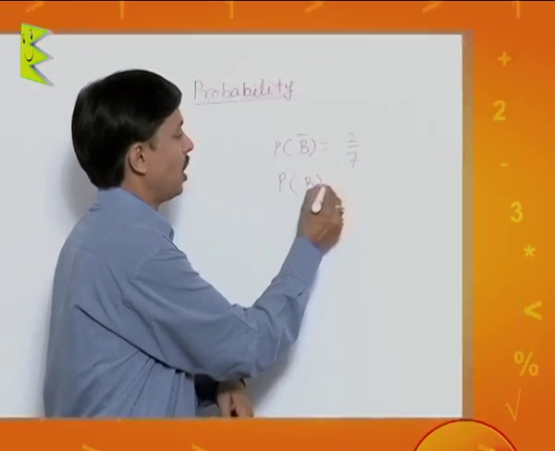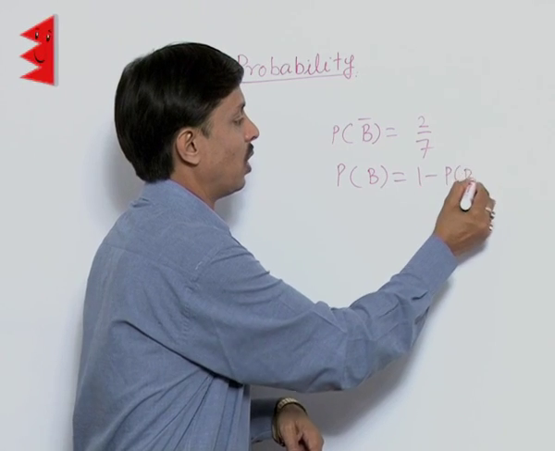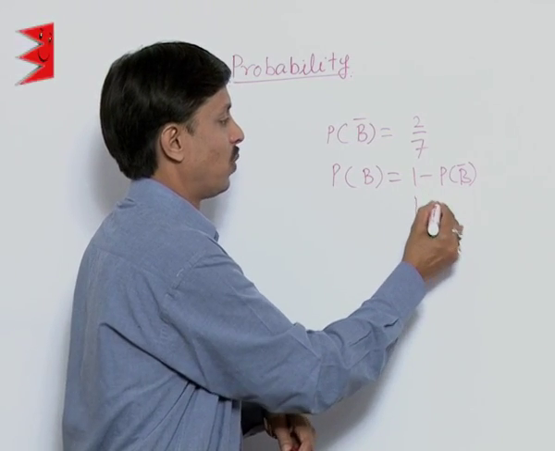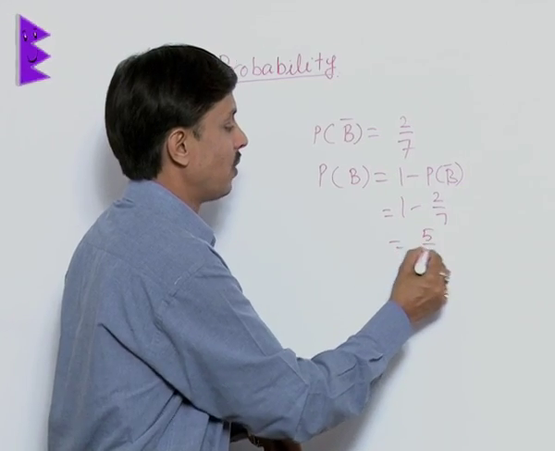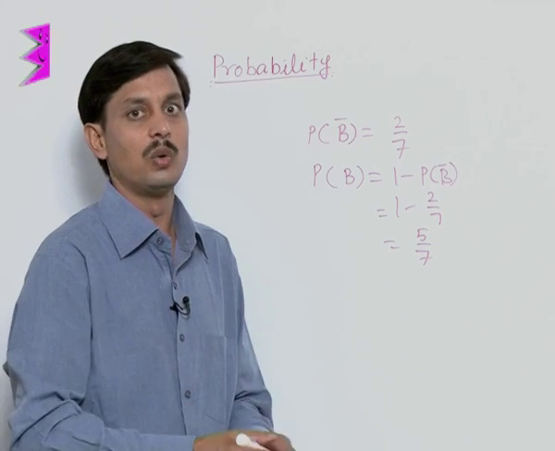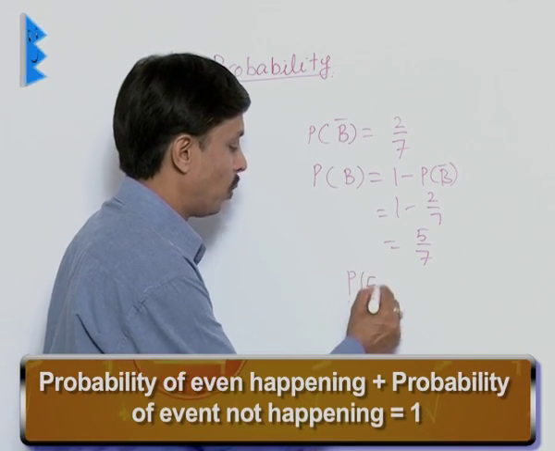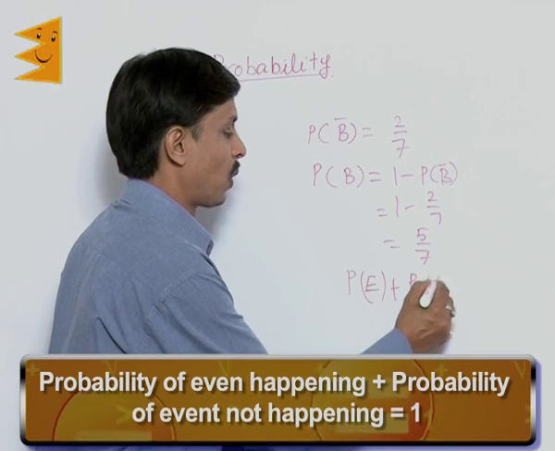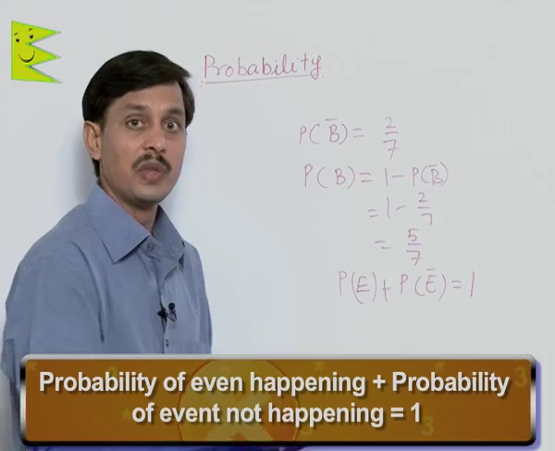For this, the probability of B is 1 minus the probability of B not happening, that is 1 minus 2 by 7, and the answer is 5 by 7. So what is the conclusion? The probability of an event happening plus the probability of it not happening is always 1.